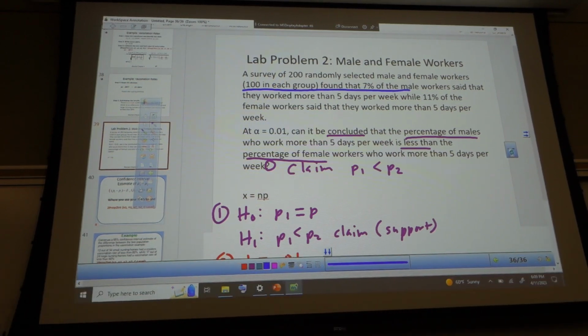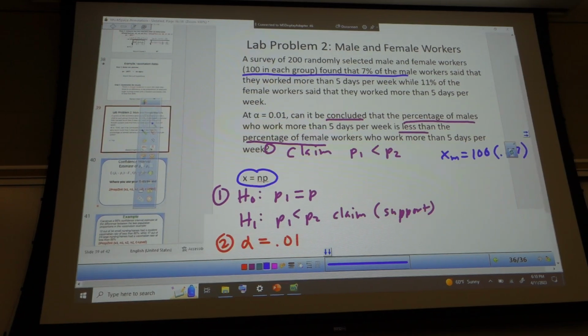So I need to find my X, because the calculator wants me to input an X. X is equal to NP. For the males, N is 100. What's my little p? 0.07. So X is just 7.